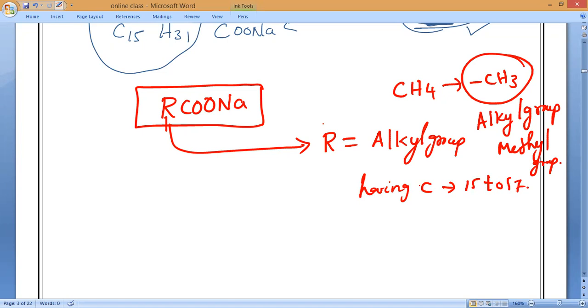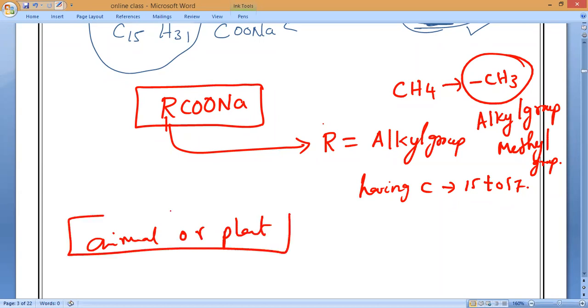Now, as Kevin asked, sir, where are these fats present? These fats are present in animal or plant sources. So soaps are prepared by heating fat with concentrated sodium hydroxide solution or potassium hydroxide solution.